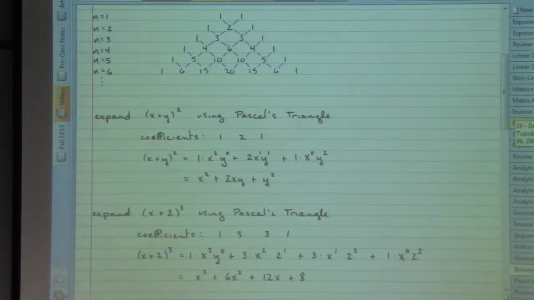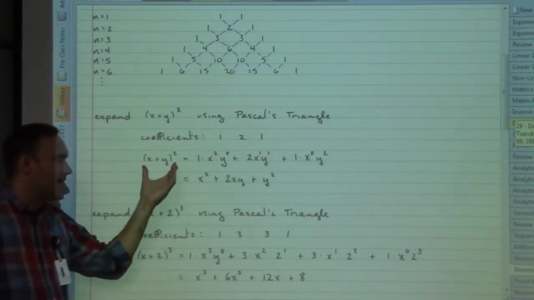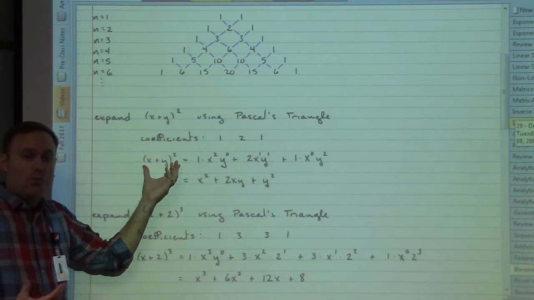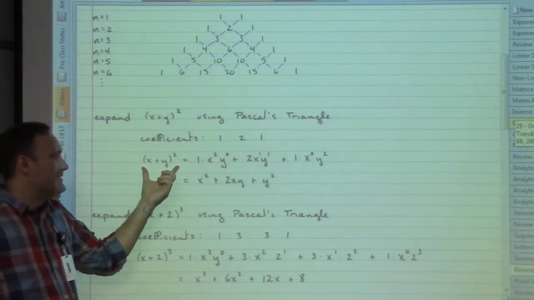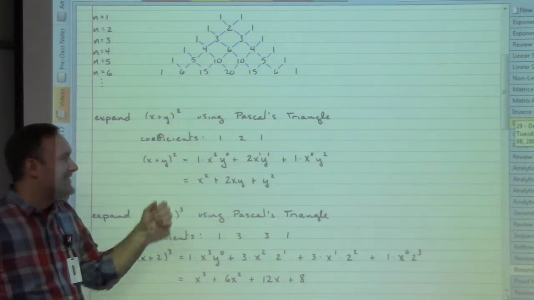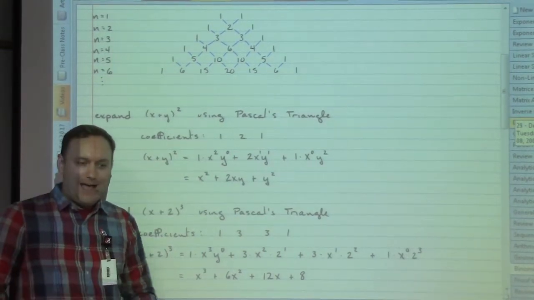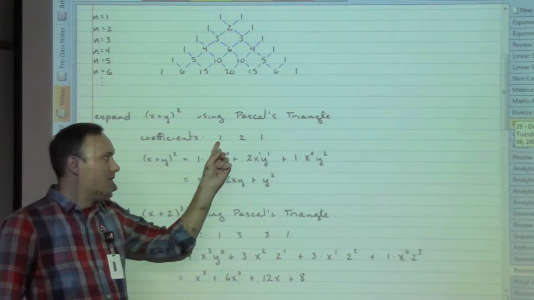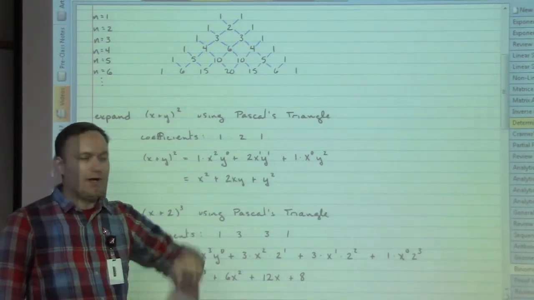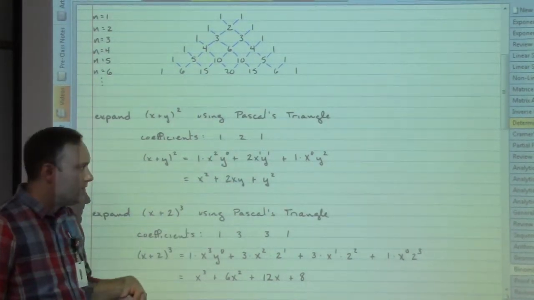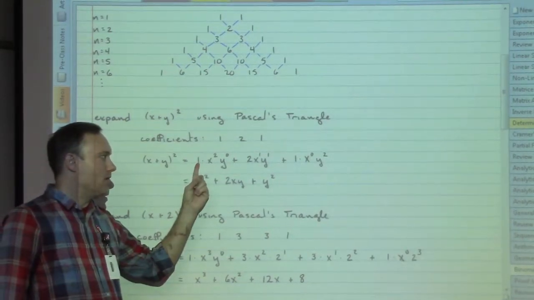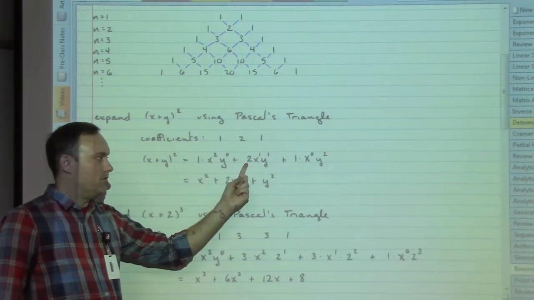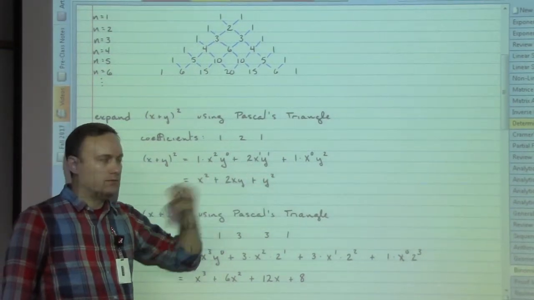So as far as that binomial theorem goes, here's just a quick justification that we can match up with what we can already accomplish by just using FOIL. If we take a binomial and square it, well, according to these patterns that we've established, our coefficients are a 1, a 2, and a 1. According to our binomial theorem, we use those coefficients 1, 2, and 1.